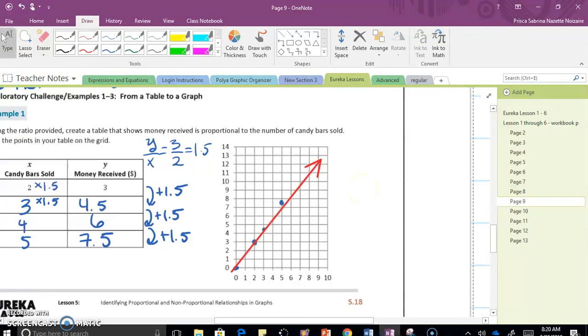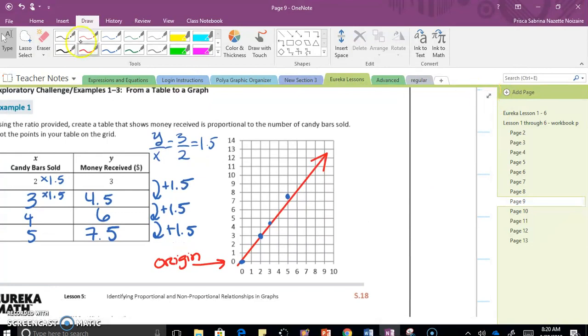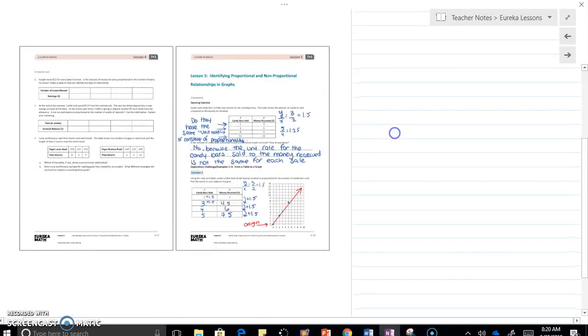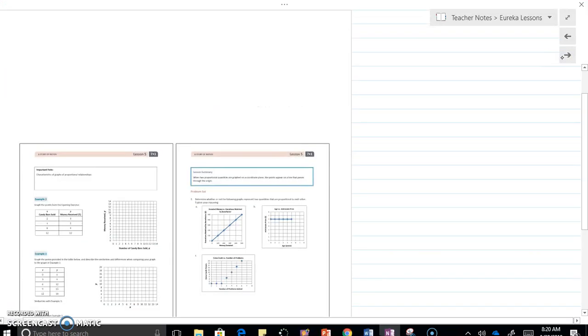It doesn't really go through my other point, technical difficulties, but as long as you see a straight line that passes through your points and passes through the origin, and FYI, your origin is here, you have a proportional graph. So let's go on to the next page.